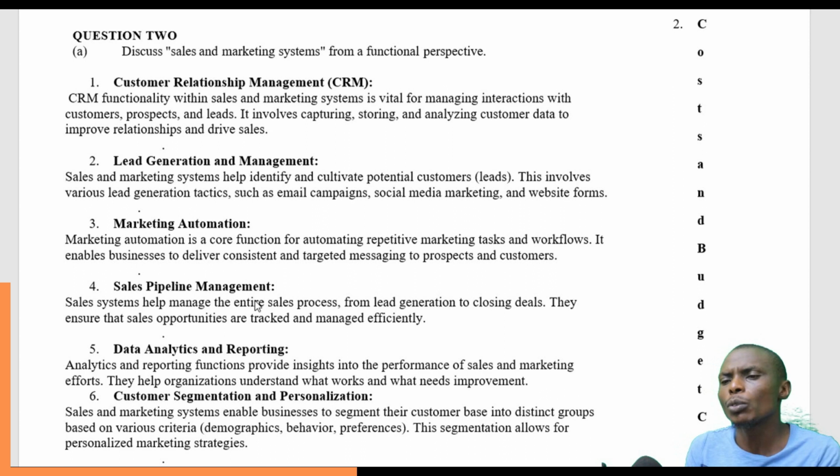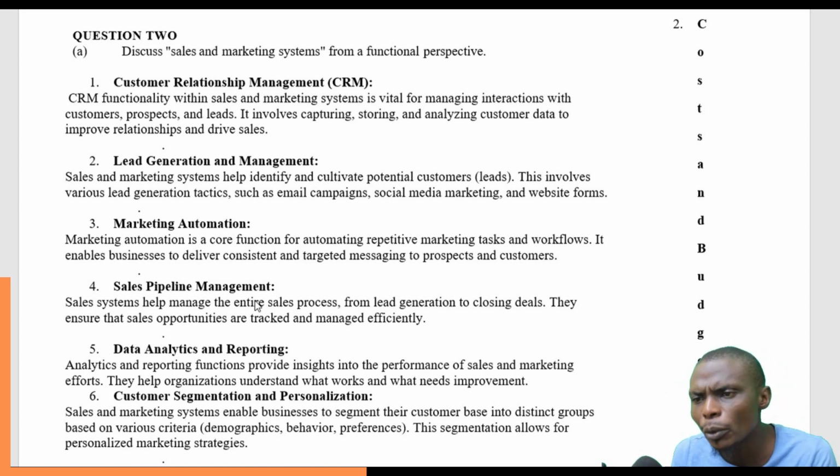We also have what we call sales pipeline management. This sales system helps to manage the entire sales process, from lead generation to closing deals.